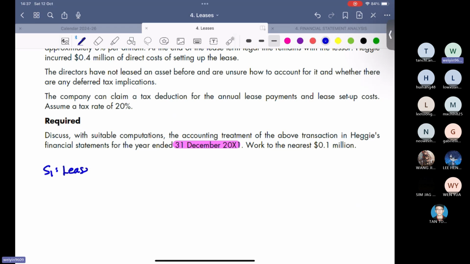Lease liability. And this is from the question, 24 million. So S2, what is your closing balance in the amortization schedule? So I want the closing balance figure.